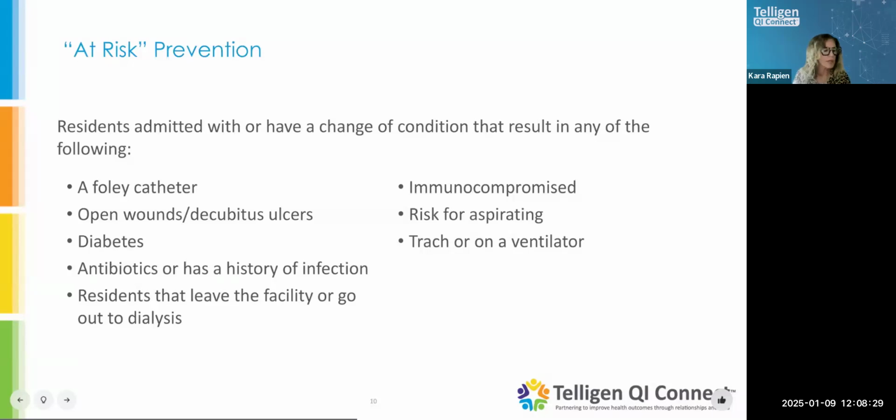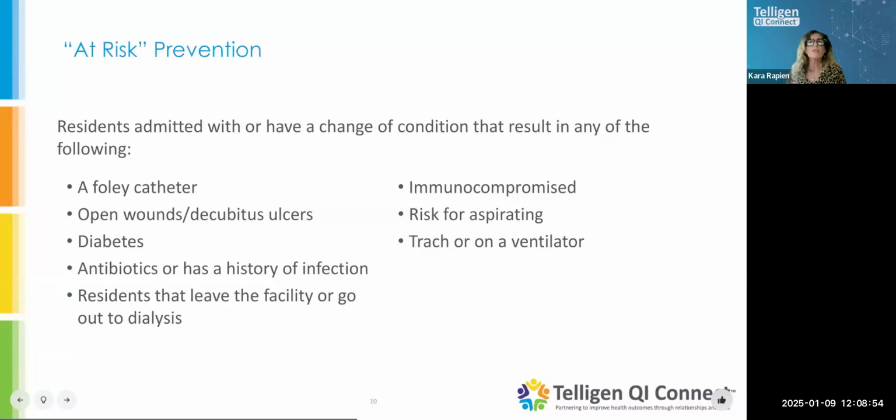And I want you to also think about going through the chart of all newly admitted residents and identifying if they are at risk for infection based on comorbidities or previous infections. What I have here on the slide is not a complete list, but they're just examples of areas that you can look into to develop an at-risk program and processes.